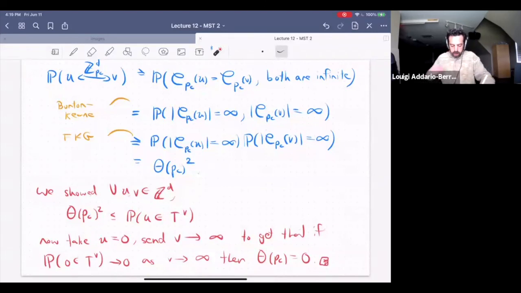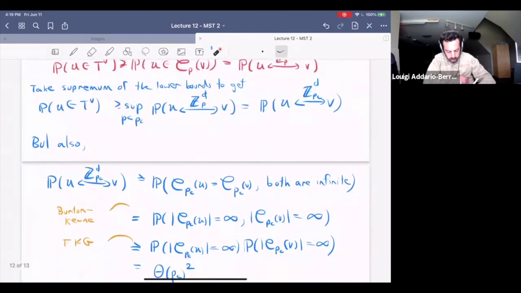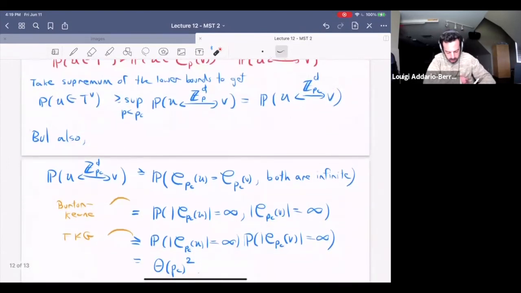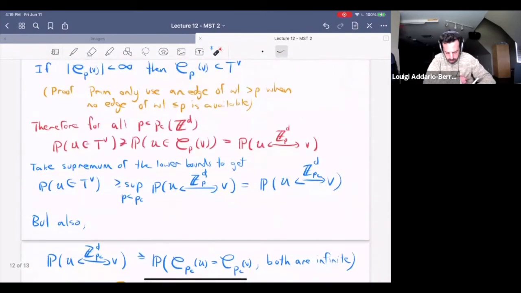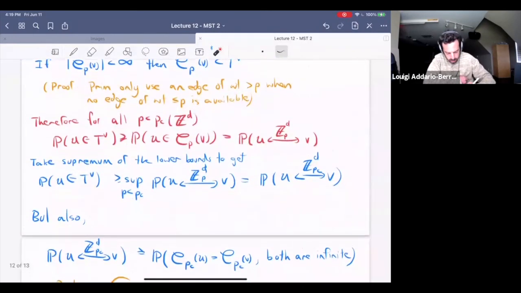So there's a private question in the chat. Why can you take the limit as P to PC? I guess that relates to this supremum. I think it's just because the connectivity is a countable union over a countable union of paths.